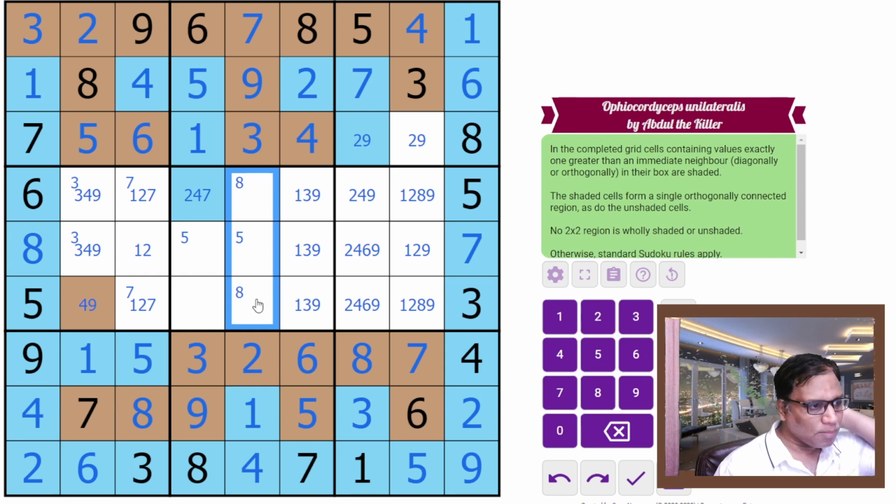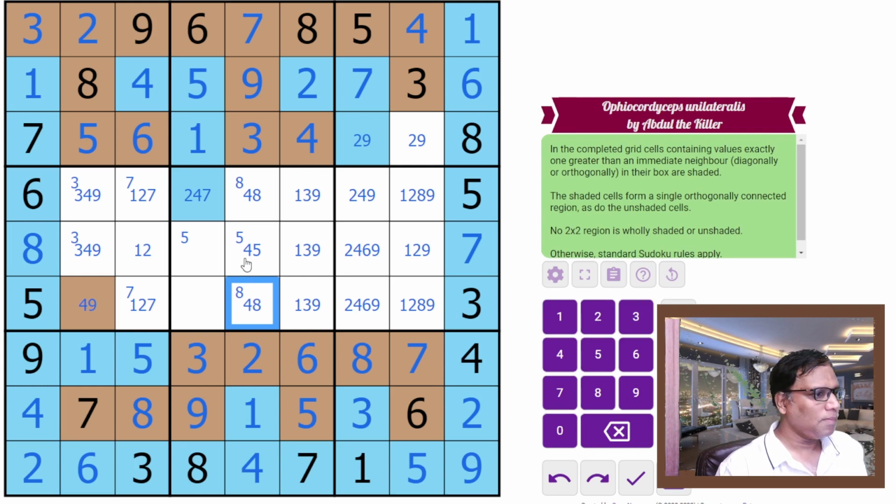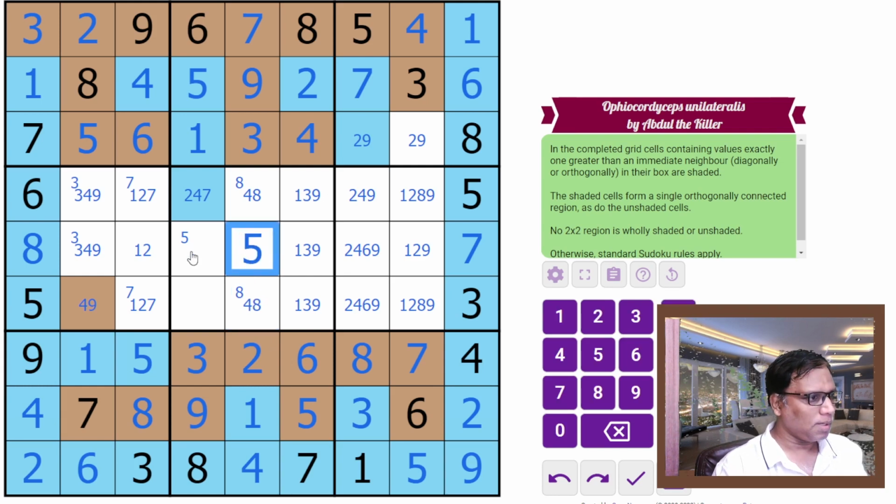Let's just put all the numbers. So 1, 2, 3, 4, 5, 6, 7, 8. That's not 5, that's not 8, and that's not 5. So 5 is only here. Okay, so we got 5.